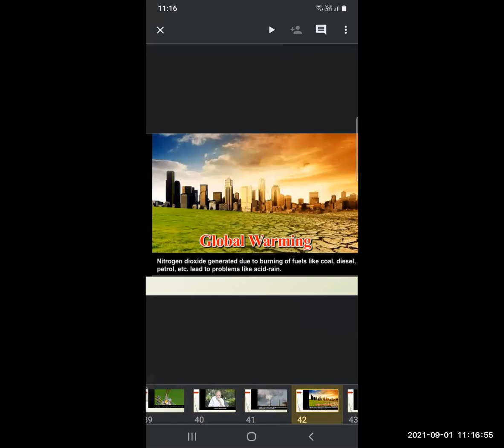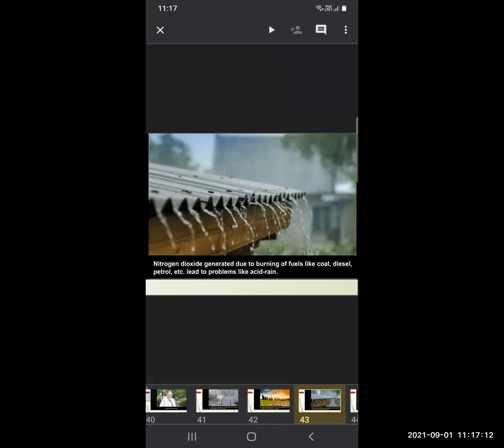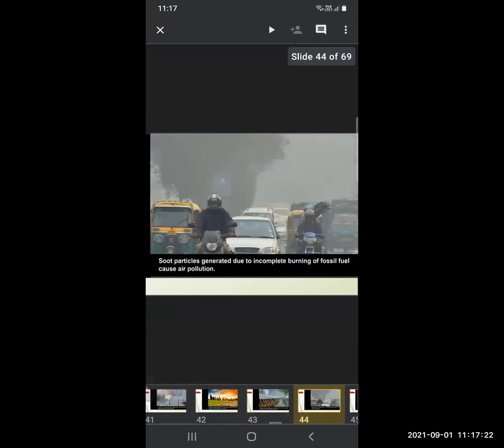Nitrogen dioxide generated due to the burning of fossil fuels like coal, diesel, petrol, etc. leads to problems like acid rain. Soot particles generated due to incomplete burning of fossil fuels cause air pollution.